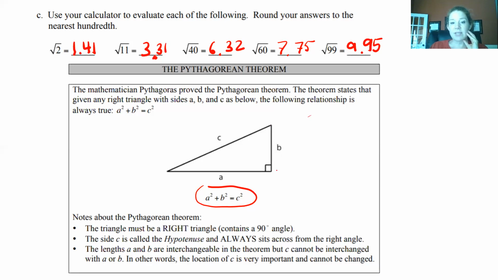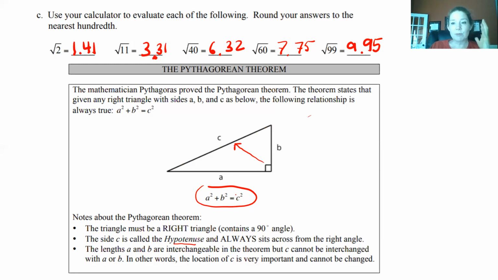So the two legs of any right triangle are considered the letters A and B. And then across from the right angle, which is the longest side of a triangle, is called the hypotenuse. Hypotenuse is always across from the right angle, and it's always the longest side. And it must be the letter C in the Pythagorean theorem.